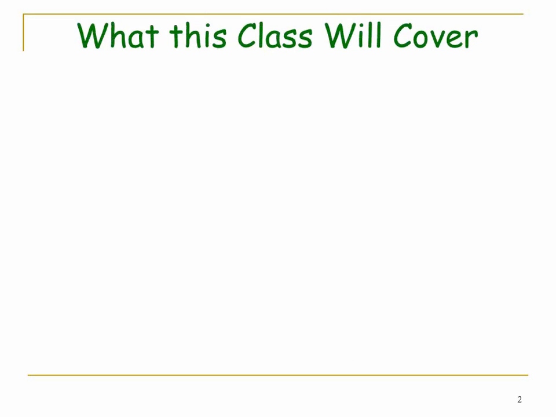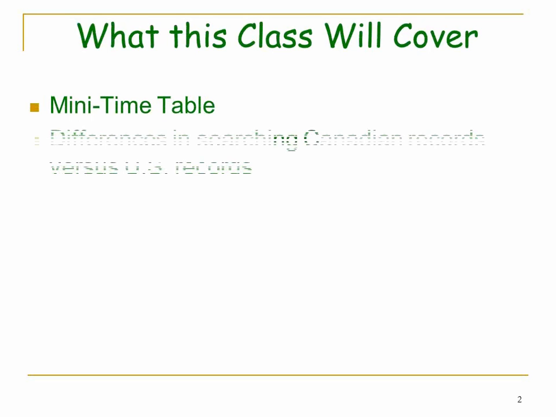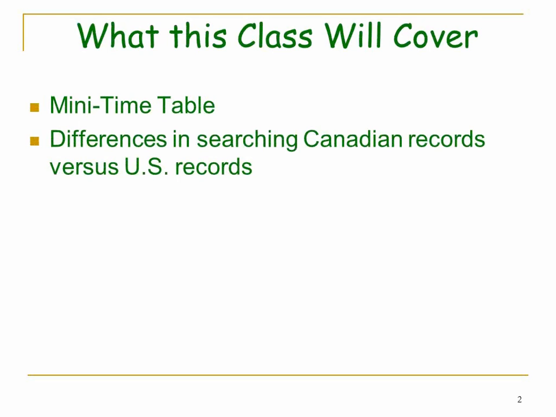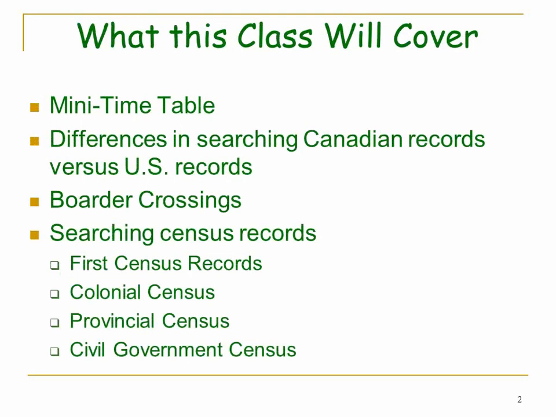Today we're talking about Canada, our neighbors to the north, and we're going to cover a mini timetable, which is very important when you're doing Canadian research, and any kind of research, really. We're going to talk about some of the differences in searching Canadian records versus U.S. records, some border crossings, and then some of the census records, the different types.